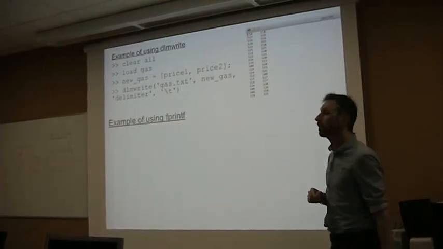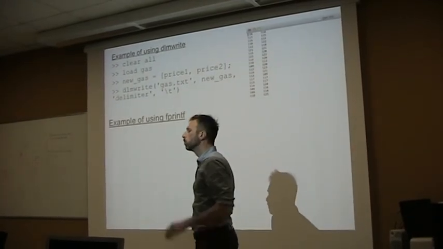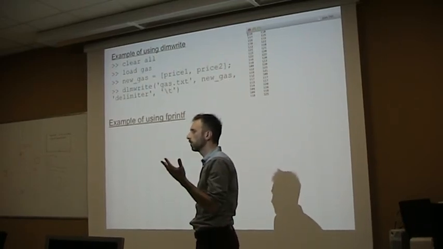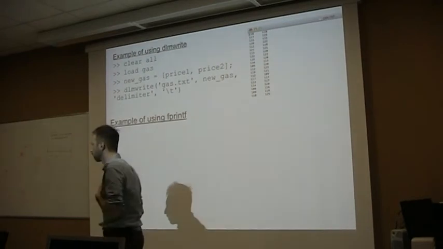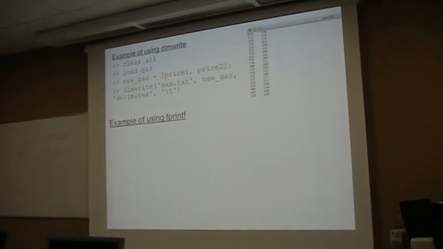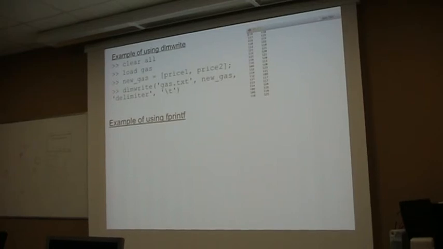Do you specify the delimiter, like the word delimiter? Which delimiter? The delimiter. Yeah. In order to tell the program that you want it to be separated by a tab, in this case, you have to write the delimiter before the actual tab.